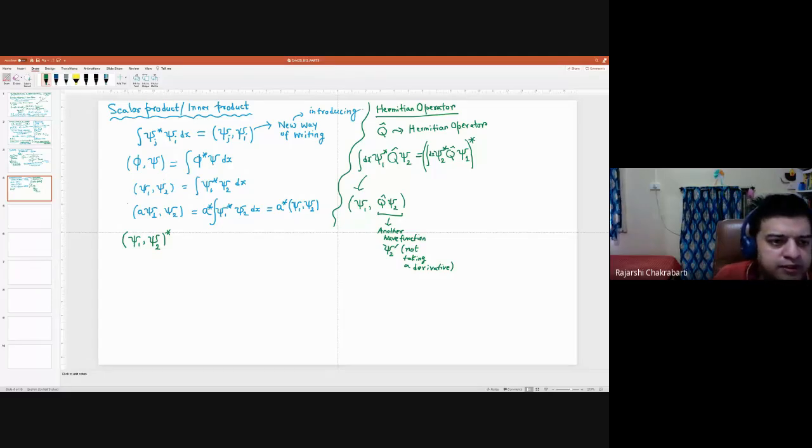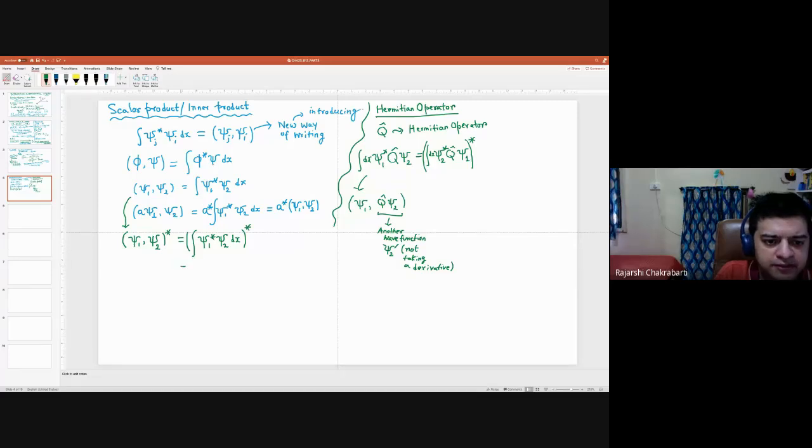So now if I take this and take a complex conjugate of that, what will be the answer? Can anyone tell me? Just see the integral. The integral is going to be psi1 star psi2 dx, complex conjugate.